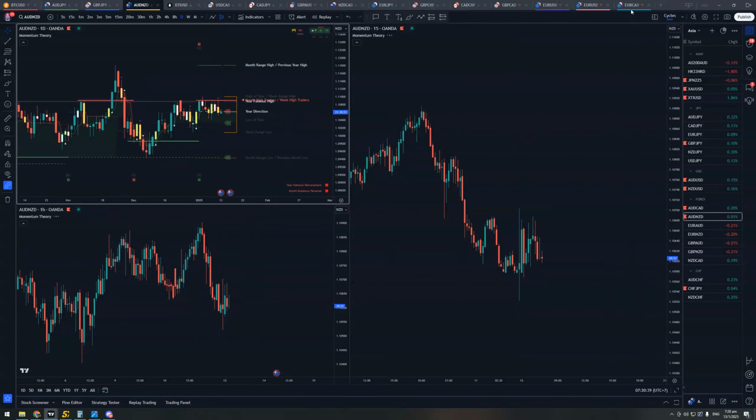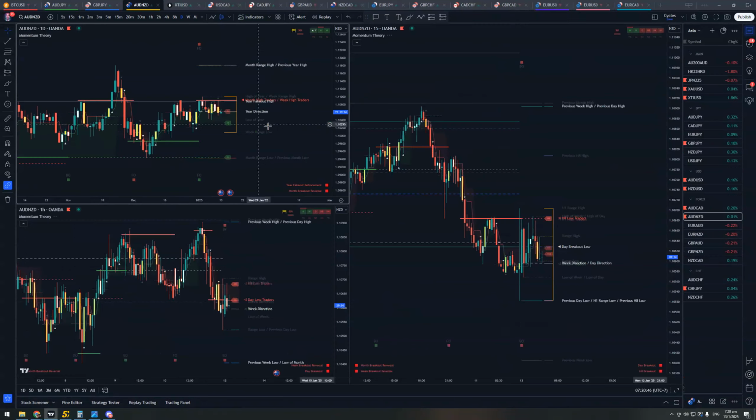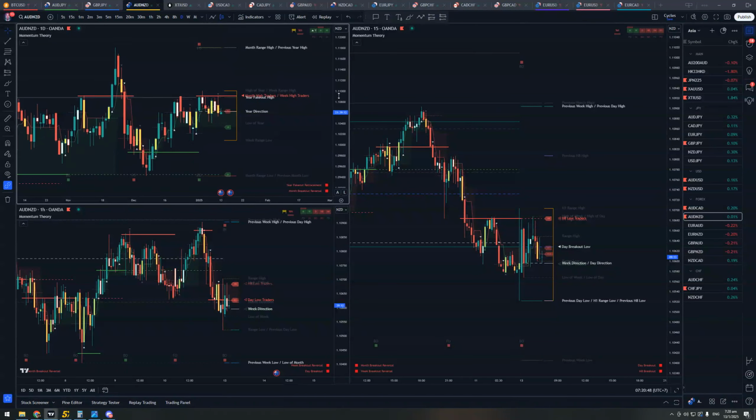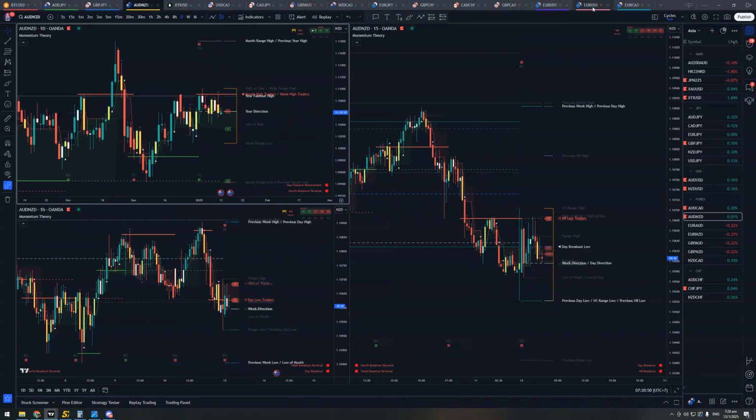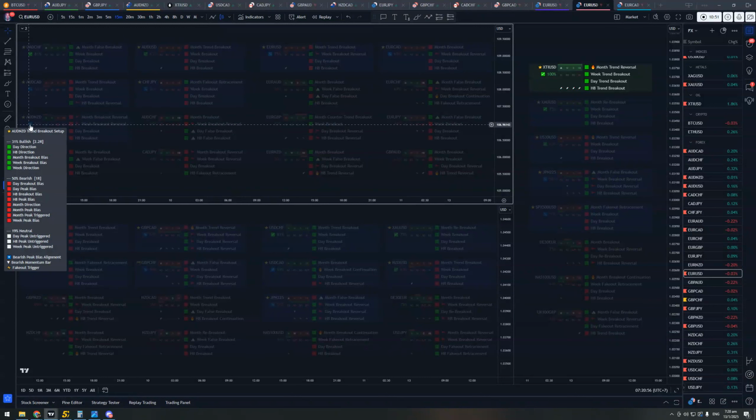Aussie NZD, was this a setup? Aussie NZD, there is a breakout setup over here, trend breakout. And the reason why is, I'll show you over here, this icon, this arrow box over here, tells me that all the peak bias are aligned.